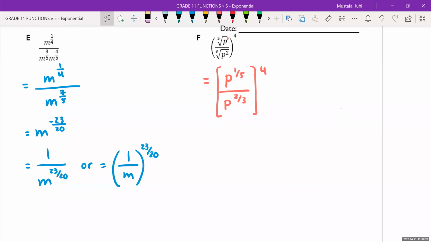Again, my strategy is I always like to simplify the brackets first, inside. I follow BEDMAS before I multiply the 4. But either way you would get the right answer. So I'm going to just go ahead and figure out what 1/5 subtract 2/3 is.